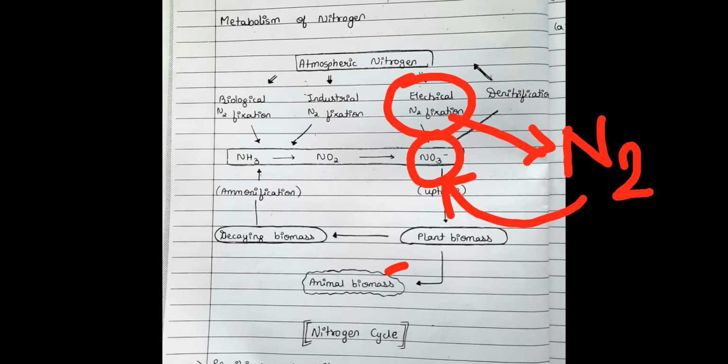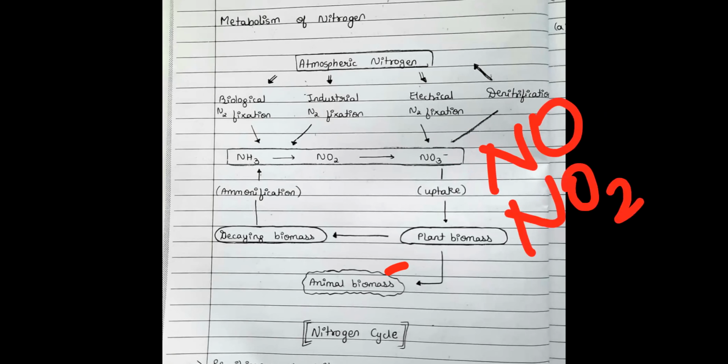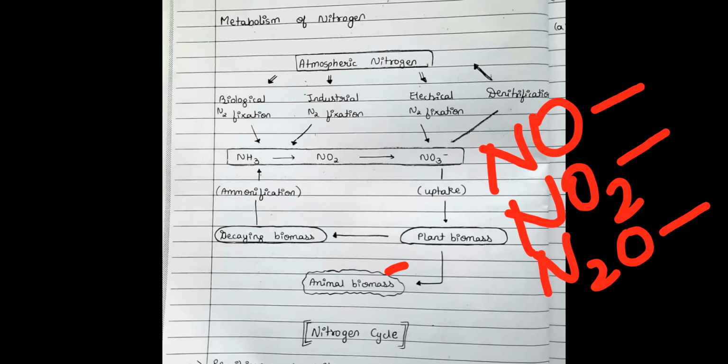So if asked what N2 converts into by electrical nitrogen fixation, remember: nitrate. Otherwise it can be any oxide of nitrogen, either NO, nitrous oxide N2O, or NO2.